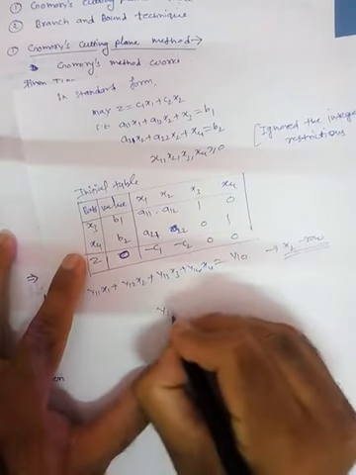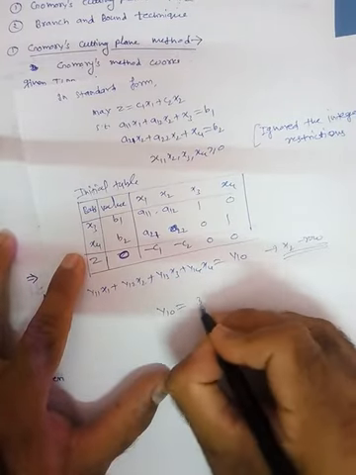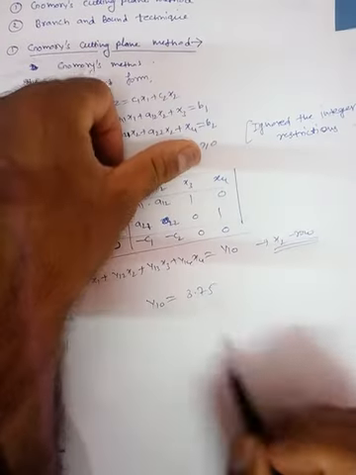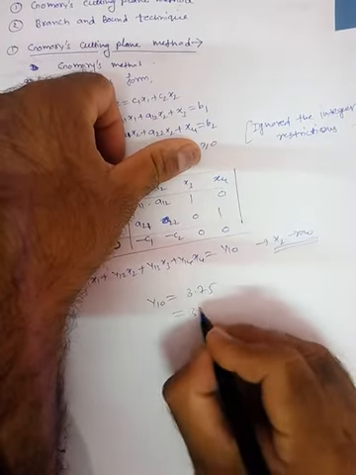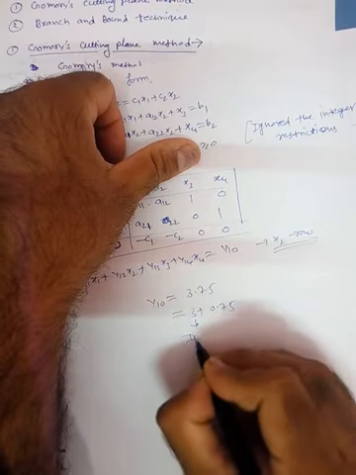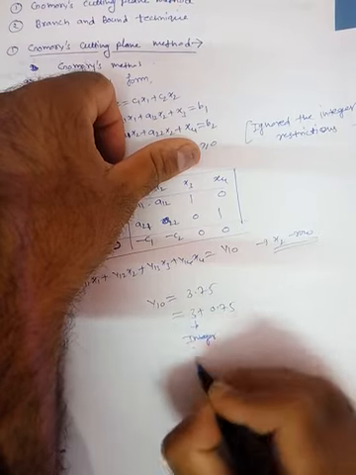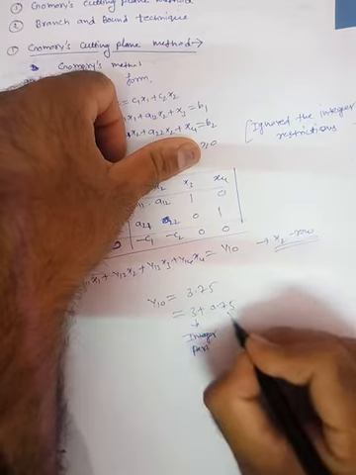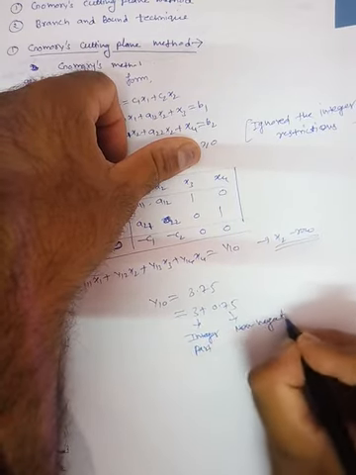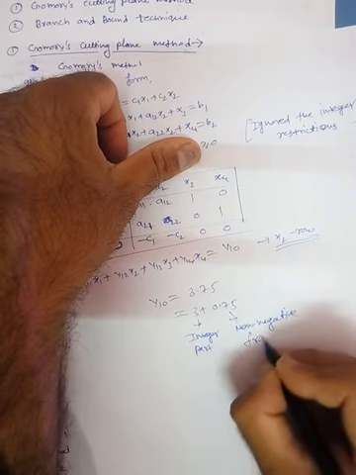For example, let's say y10 is 3.75. This can be rewritten as 3 plus 0.75, where 3 is the integer part plus 0.75 is the non-negative fractional part.